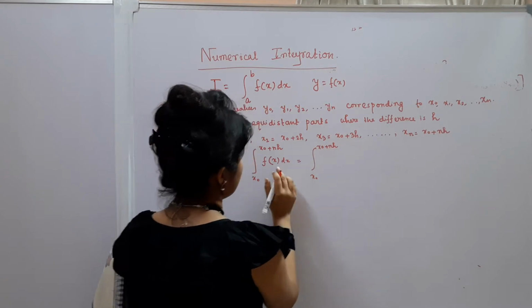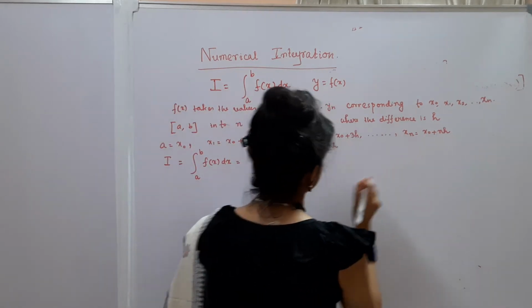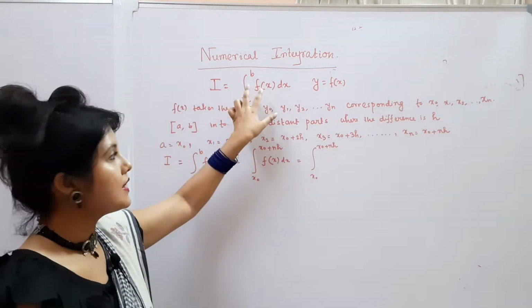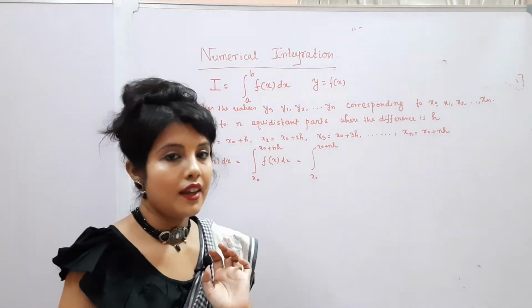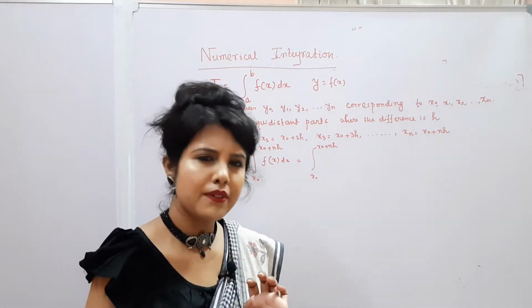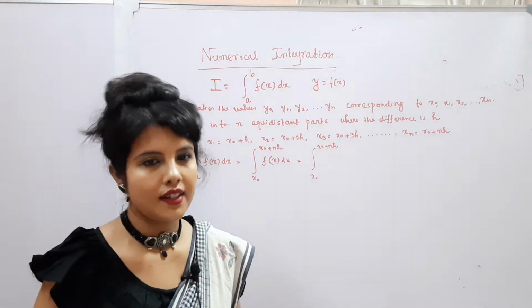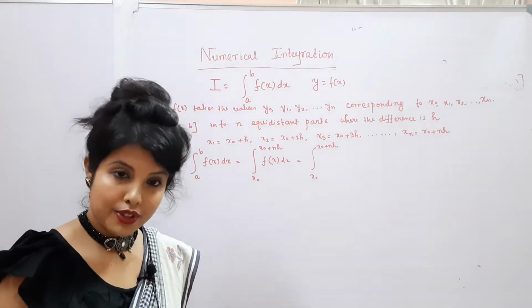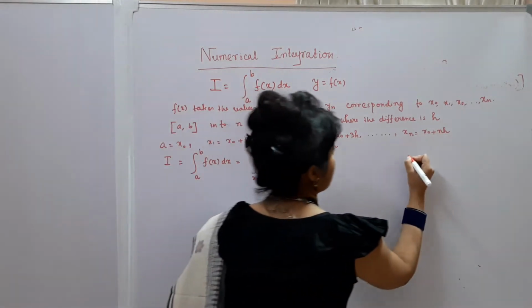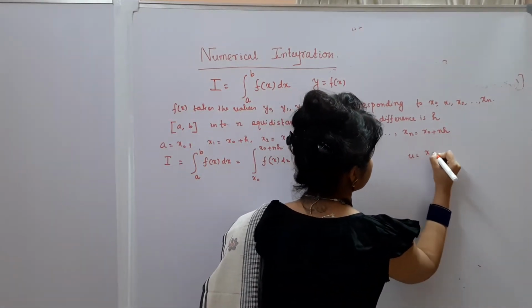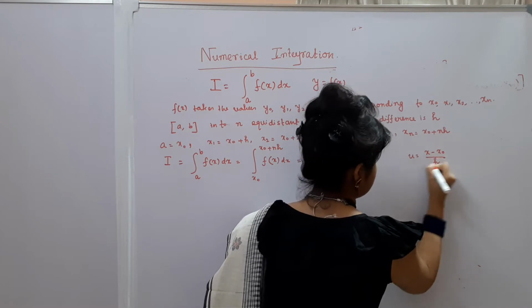Now first I have to represent this f of x by using an interpolation formula, that is it may be forward or may be backward interpolation, but for our understanding I am taking the Newton's forward interpolation, okay. So for which u is equal to x minus x0 by h, okay.